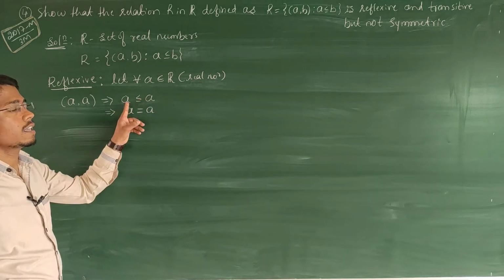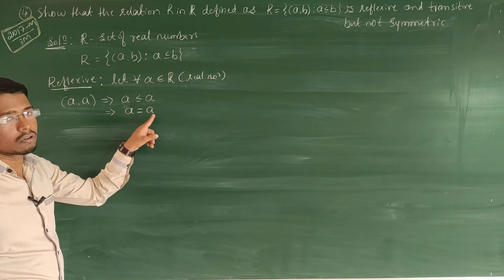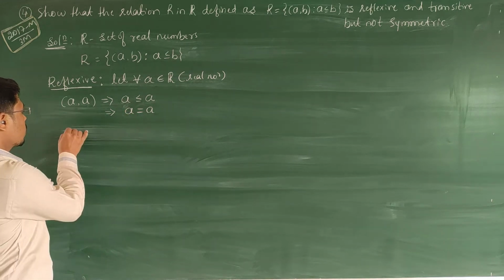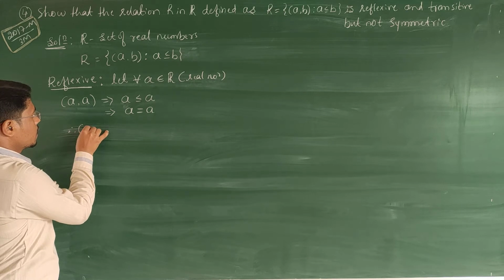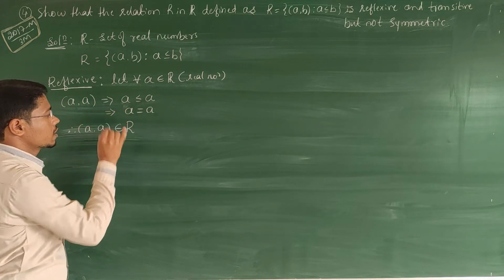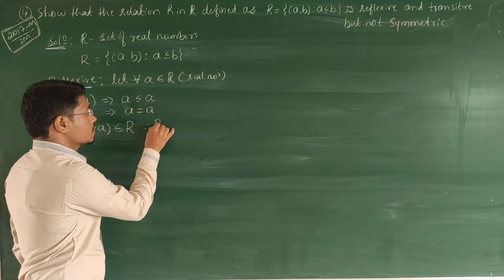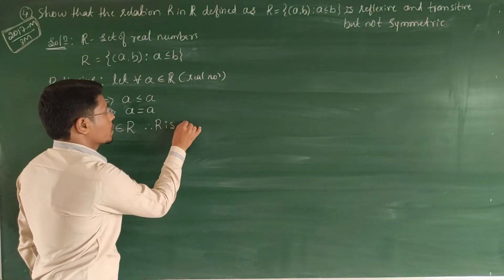It should be either less than or equal, so A is equal to A. Therefore (A, A) belongs to the relation R. Therefore R is reflexive.